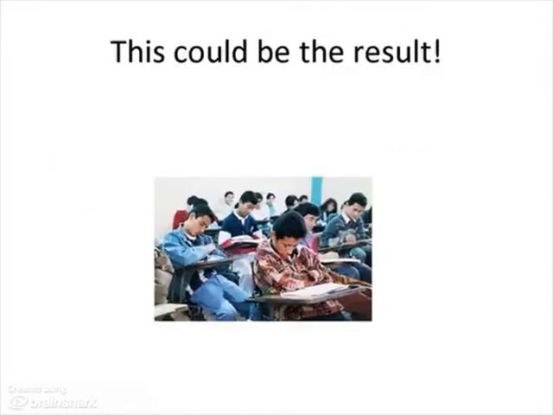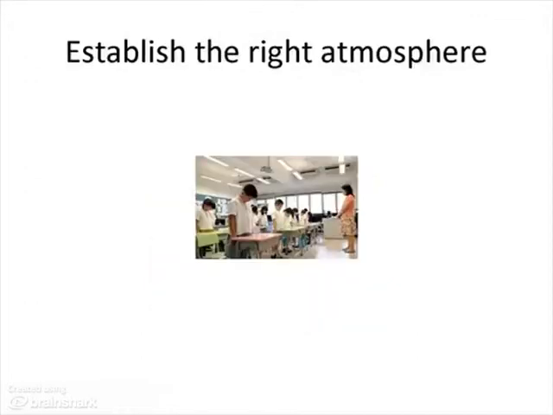about other things. I'm sure your classes don't look like this, but this clearly is the result. If the teacher's at the front and talking and the learners are not engaged, then it's easy for this to be the result. So the first thing to think about clearly is establishing the right atmosphere.